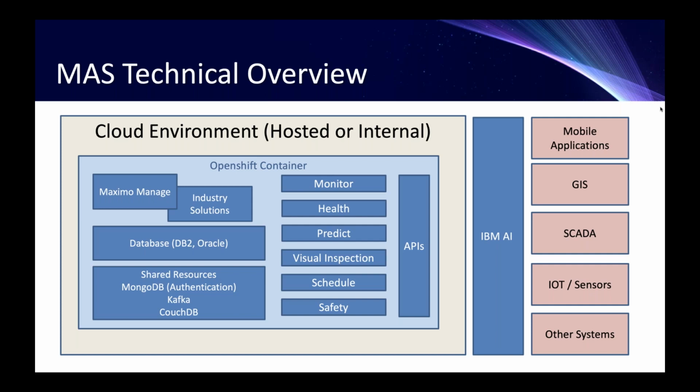Now, there's obviously a lot of skills and lift to get there, but once there, this allows IBM to do things like add on Monitor or Health or Predict without a massive installation, without having to integrate these solutions, since they can all run in this one environment. So you really have the ability to unify what were all these separate pieces that needed to be managed separately into a single operating environment, and get the benefits of having that all in a unified system.